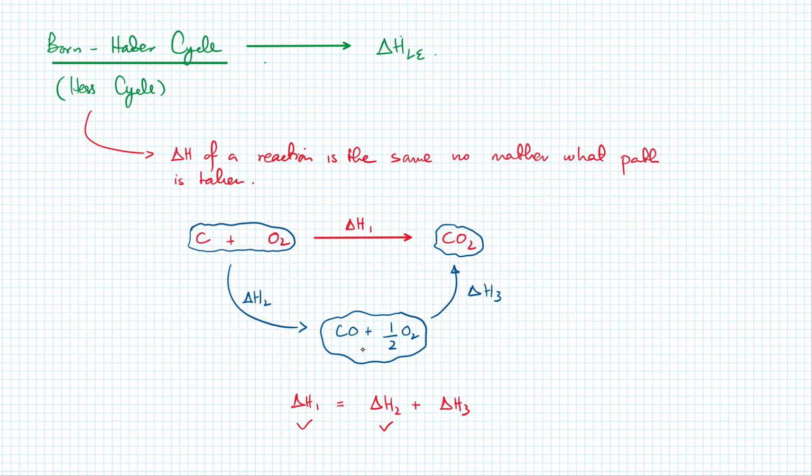For example, if this is my path 1, then the other path will be going all the way from the other side, as long as your starting point and end point are the same. So these two paths are also equal. This path over here is delta H3, and this other path, because I'm going in the reverse direction, is minus delta H2.